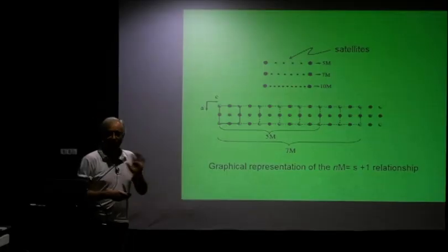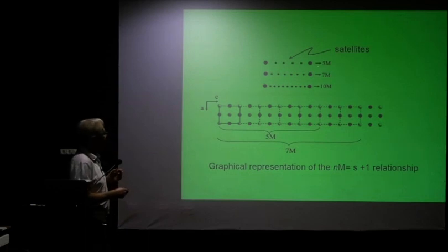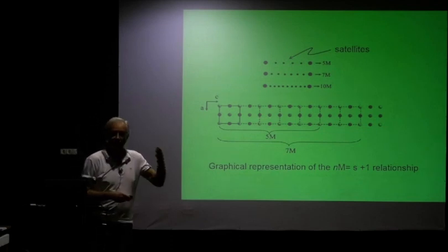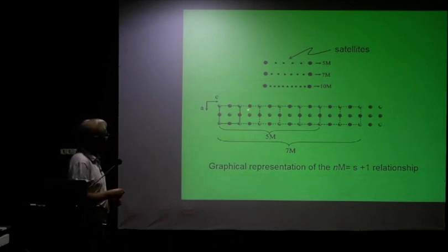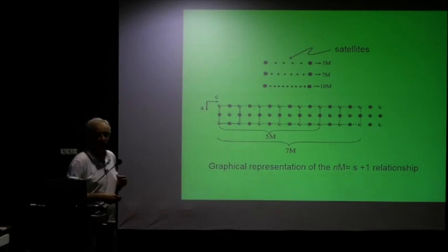This is a graphical representation. So you have basically an L10 structure, and if you repeat this L10 structure, you have a representation of the so-called NM equals S plus 1 relationship. Now in NM, N stands for the number here in the beginning, and S stands for the number of satellites you observe.